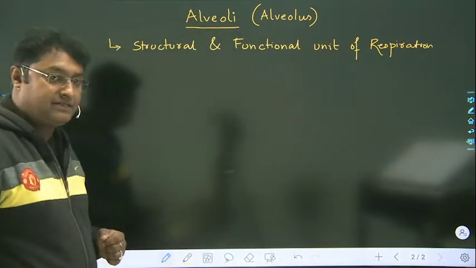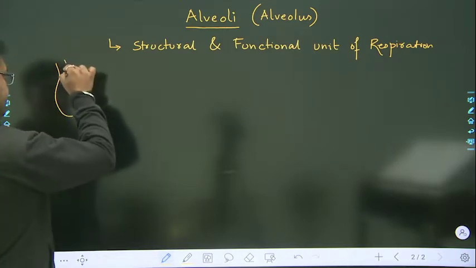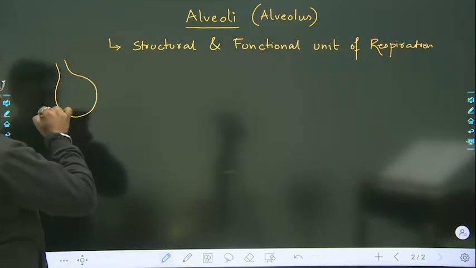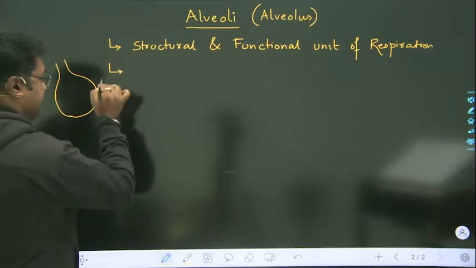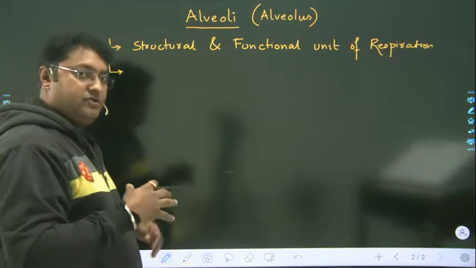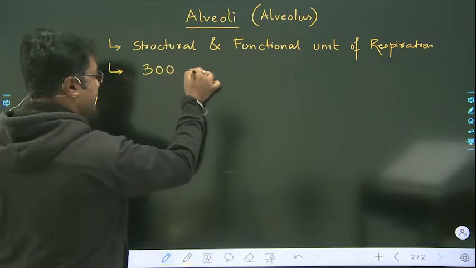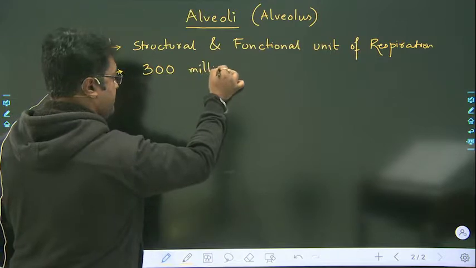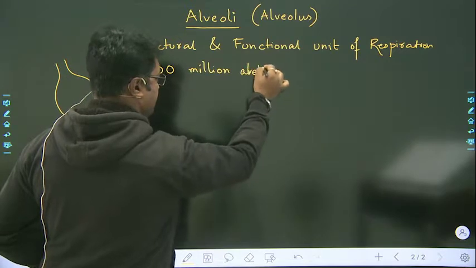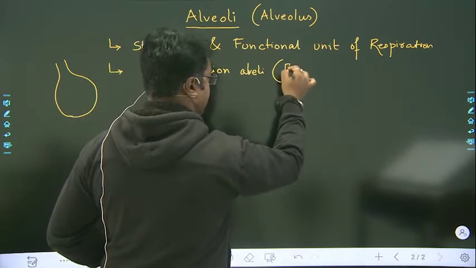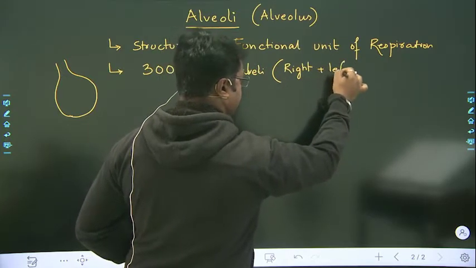Clear? Next, this alveoli is generally in the shape of either a balloon or somewhat spherical. And if I take the two lungs together, there will be around 300 million alveoli, taking both the right as well as the left lung.